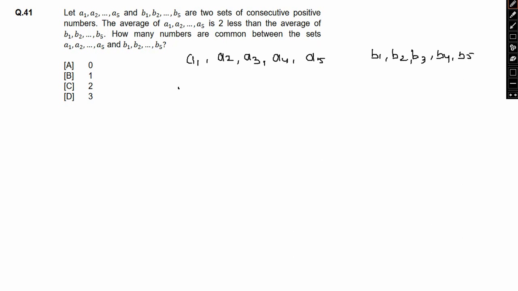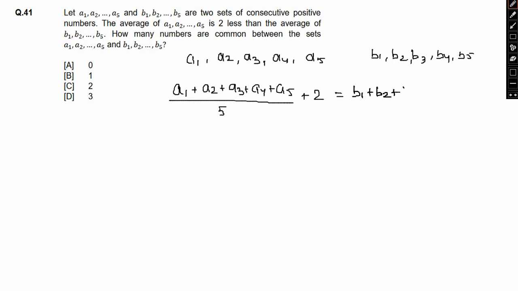So what we have, A1 plus A2 plus A3 plus A4 plus A5, this average is 2 less than the average of B1 plus B2 plus B3 plus B4 plus B5. So this is what we are given.